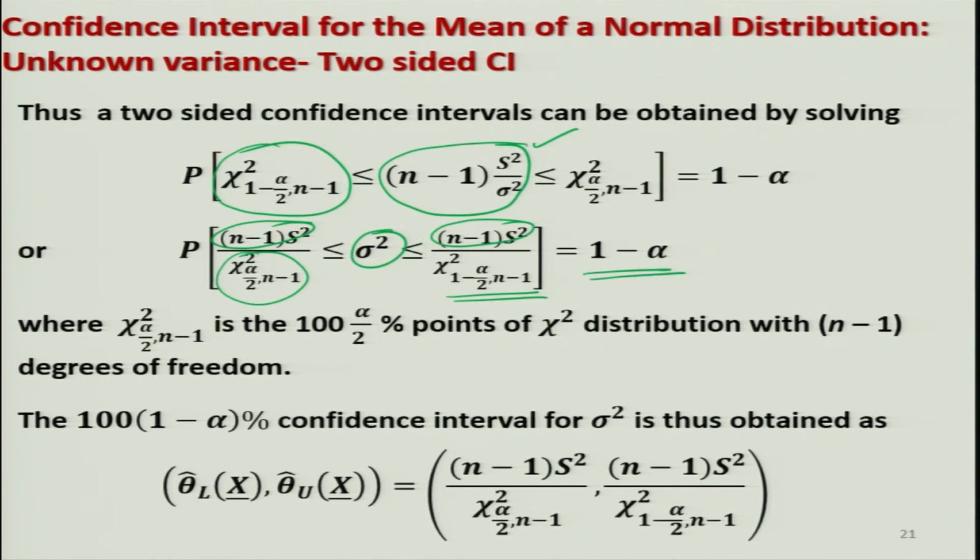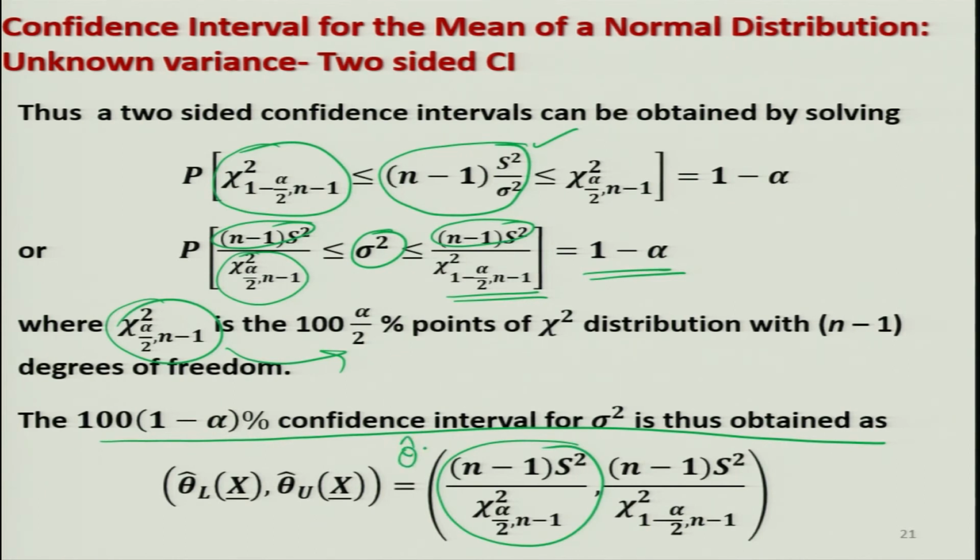Here chi-square alpha by 2, n minus 1 is the 100 alpha by 2 percent point of the chi-square distribution with n minus 1 degrees of freedom, which we know. So the 100 times 1 minus alpha percent confidence interval for sigma square is obtained like this, with theta hat L based on x1, x2, xn, and theta hat u, again based on x1, x2, xn.